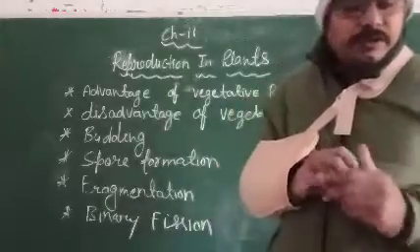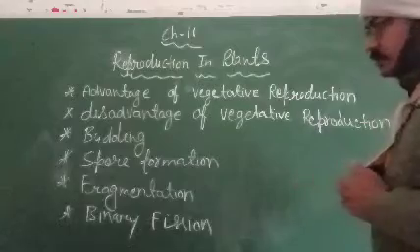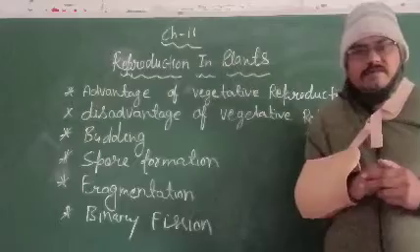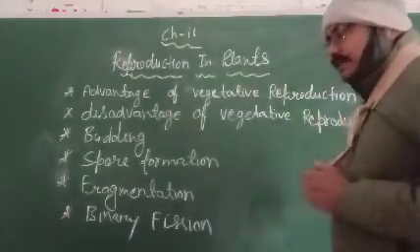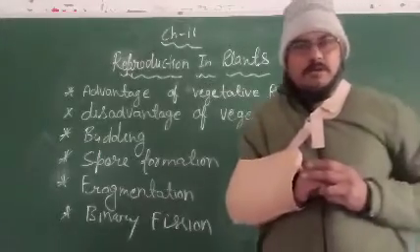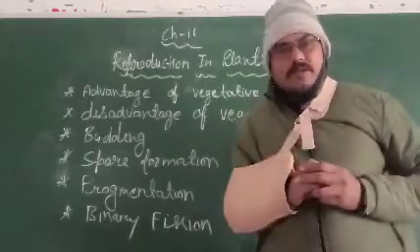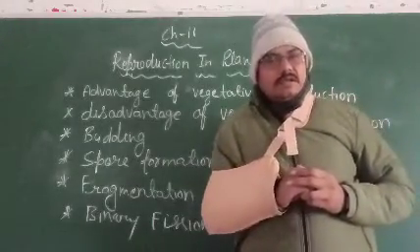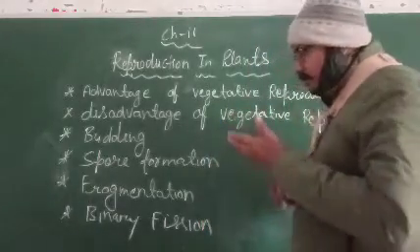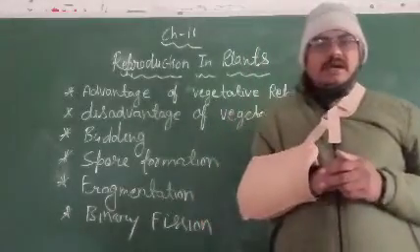Now let's go further. Binary fission. Today's last topic is binary fission. So students, what is binary fission? I think you have heard of unicellular organisms, like amoeba. Amoeba is such a unicellular organism in which reproduction takes place neither by fragmentation, spore formation, budding, nor any other method.